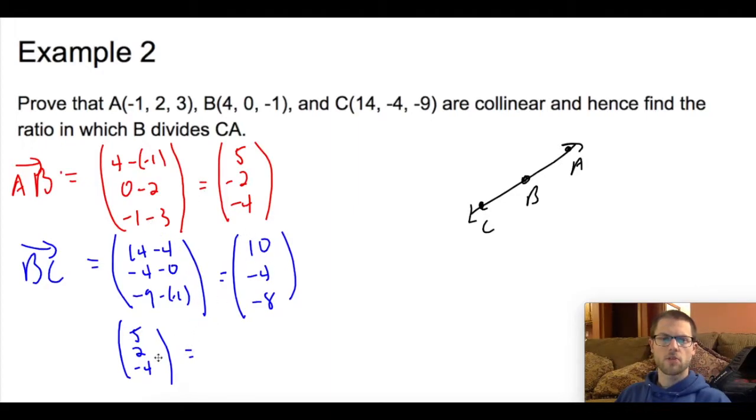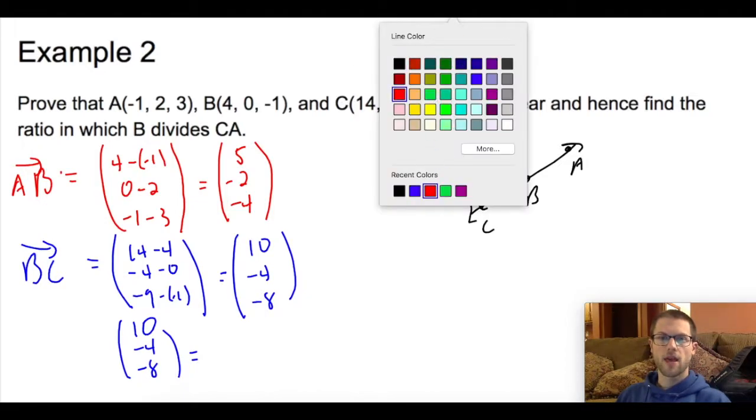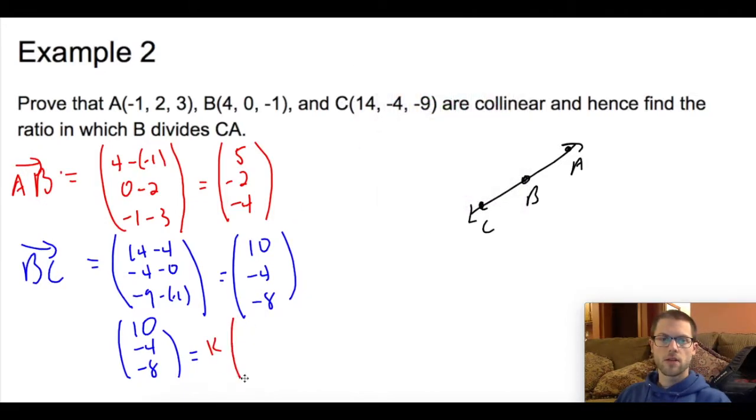Let's start with BC, since that's the big one. 10, -4, -8 is going to equal some scalar k times my vector AB, 5, -2, -4. Maybe you're already seeing that if I just double all these values, I get this. So k is equal to 2. By using a scalar multiple of vector AB, I get BC. Therefore, these points must be collinear.